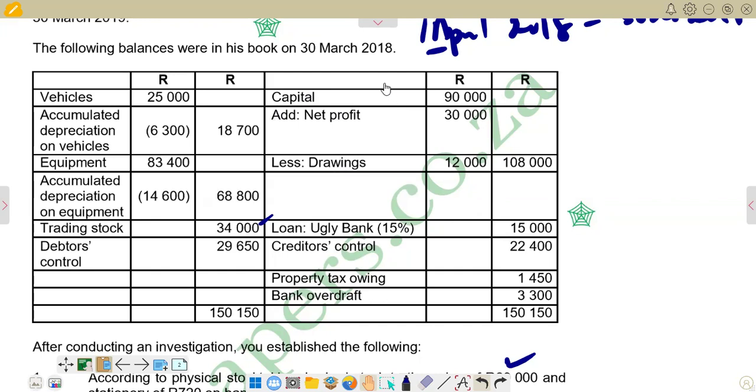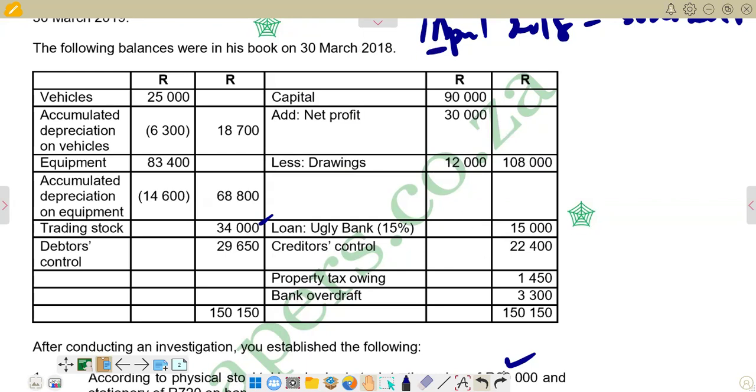This was the opening for the previous period, and then net profit was added for the previous period, and then we have also our drawings being subtracted. So the final figure that we have for the previous statement of financial position is 108,000. And this balance that we are given, remember, is on 30 March 2018, implying that this is at the beginning of the year, which is 1 April.